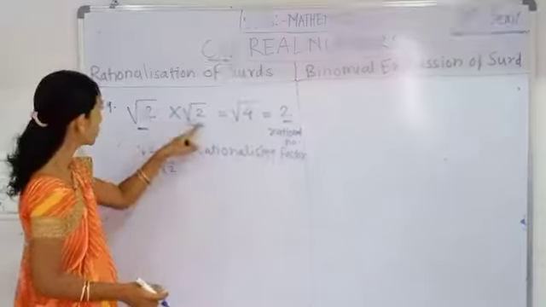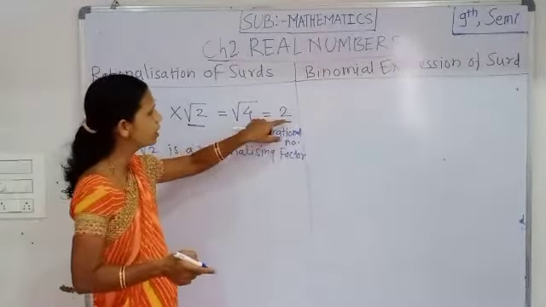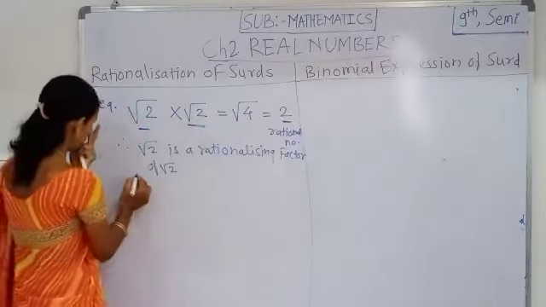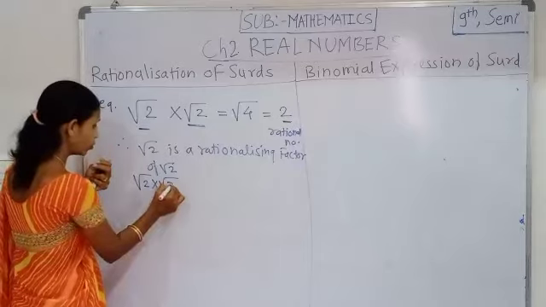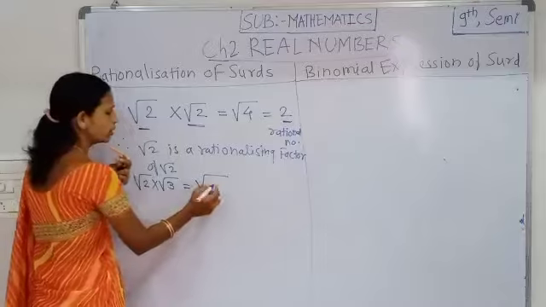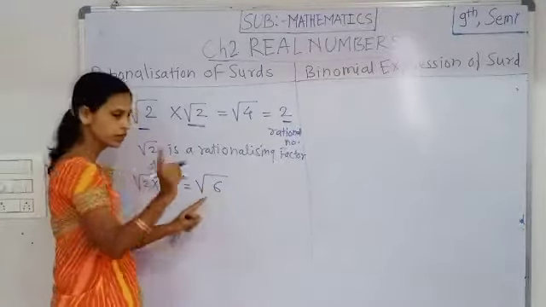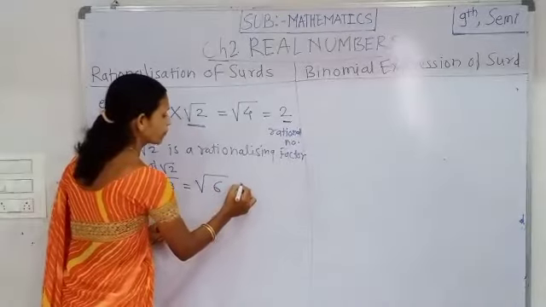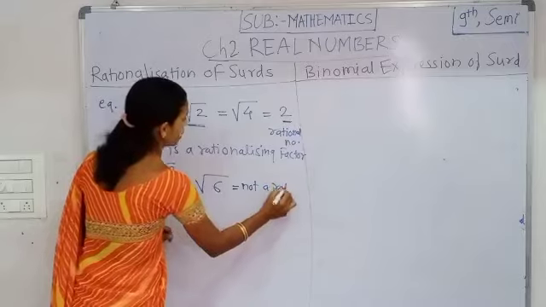If the product of two surds is a rational number, then they are rationalizing factors of each other. If root 2 is multiplied by root 3, we get root 2 into root 3, that is root 6. But root 6 is not a rational number.